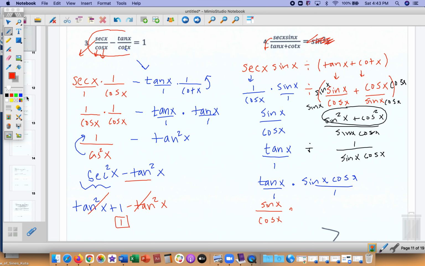We can multiply that by sine x cos x over 1. Our coses cancel, so we have sine squared x. We have found what we had on the right-hand side. So check, we're done.